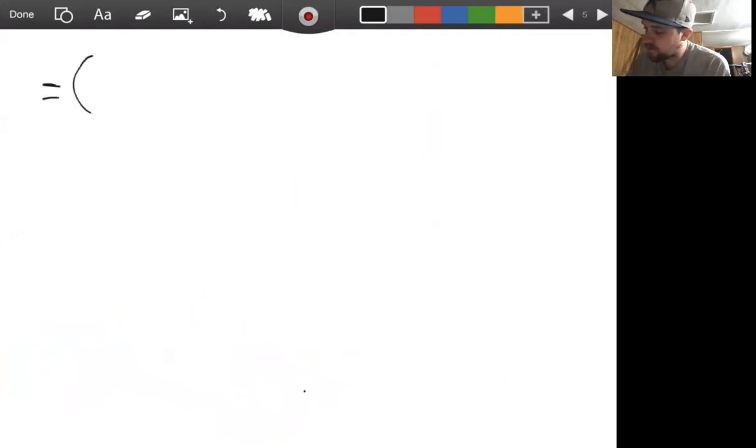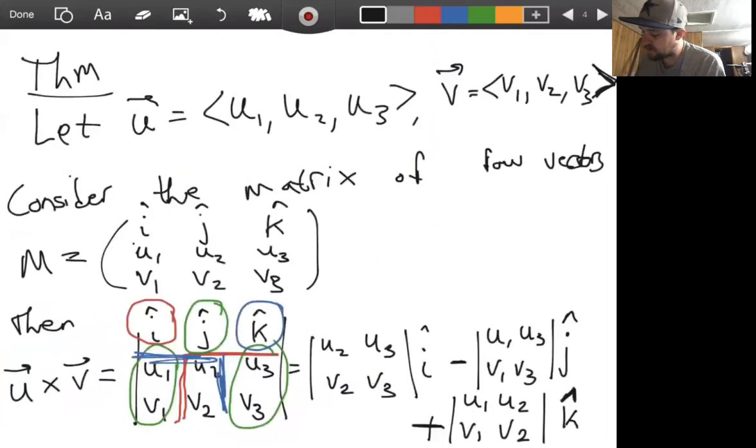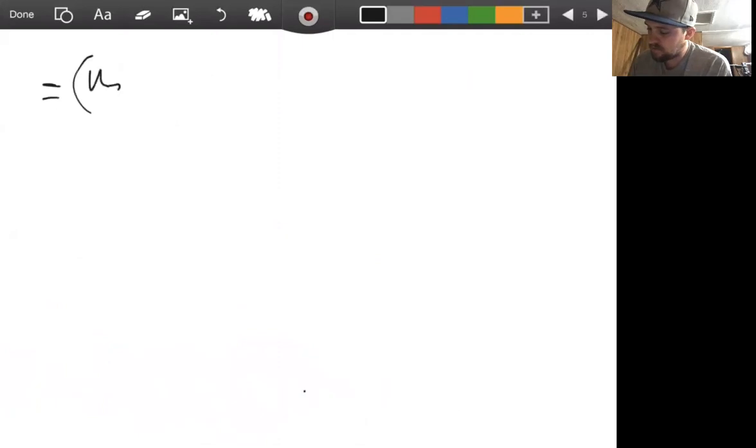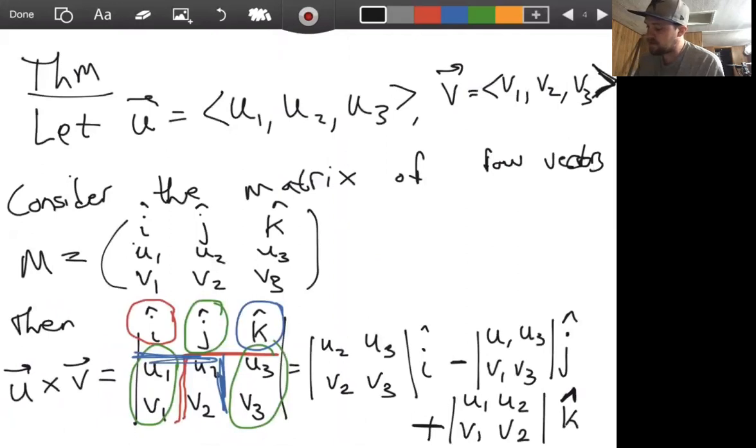Well, this would equal, right? The 2x2 determinant here is u2v3 minus u3v2. And so you get u2v3 minus u3v2 I hat. And then it'd be minus u1v3 minus u3v1, right?